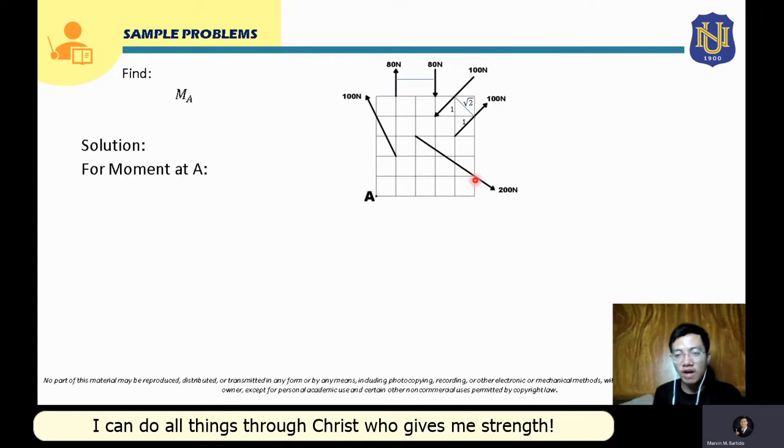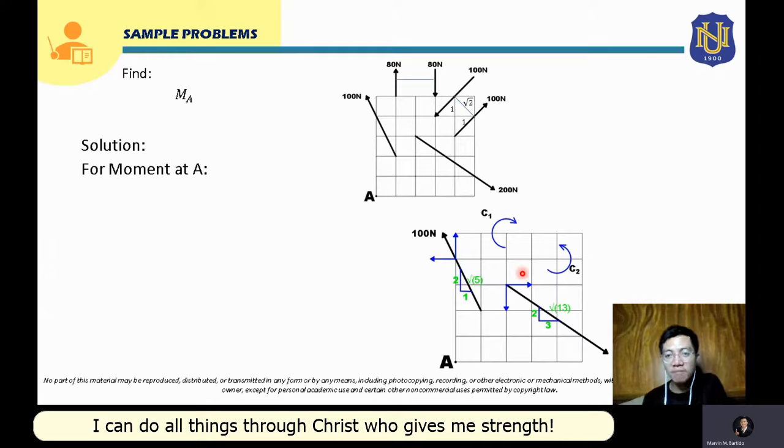Okay, and we also have to determine the direction of these two couples. So we can redraw them in this system. As we can see here, the direction of this couple, the direction of its rotation, will rotate this way, right? And this is clockwise.